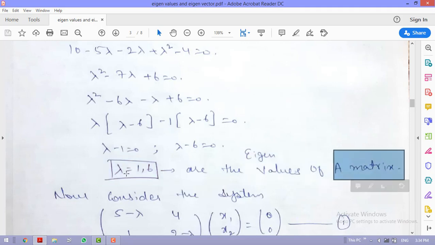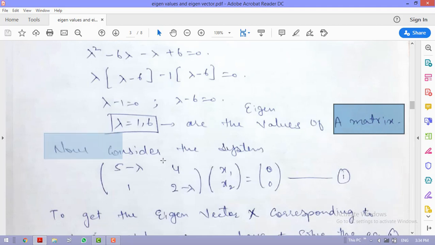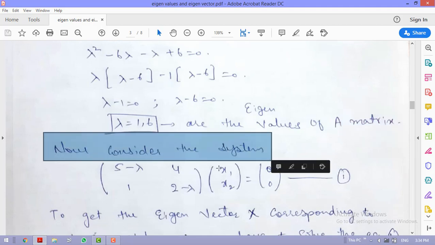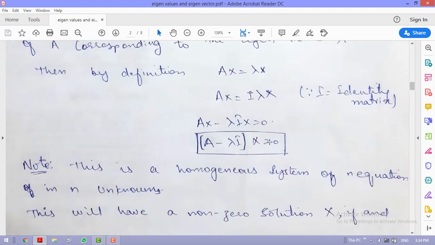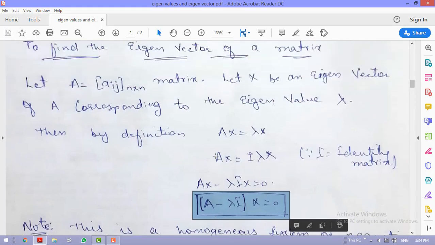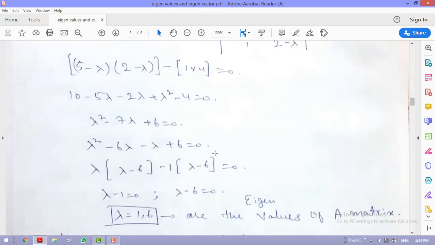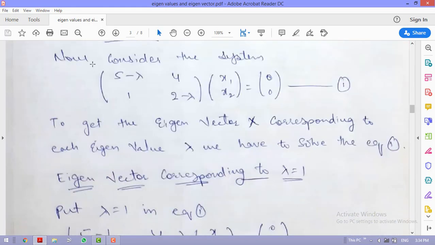Okay, so now let us consider the system we have just written above, which is (A minus lambda I) x equals 0, where x is an eigenvector, right? After finding the eigenvalues, I am using the same system.